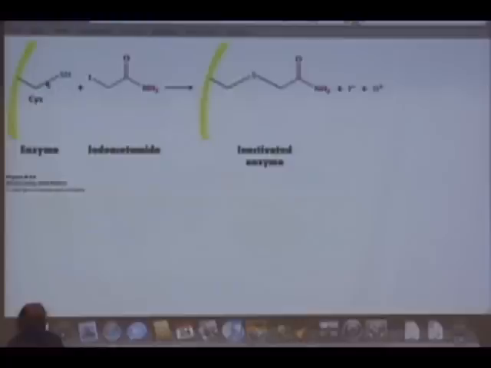We can do the same thing with iodoacetamide, with cysteines. Again, very general. It sort of squeezes in. The enzyme doesn't have any affinity. If we have a cysteine in the active site, iodoacetamide will bind to it and inactivate the enzyme. So again, we have a test to see if a cysteine is in the active site of an enzyme.